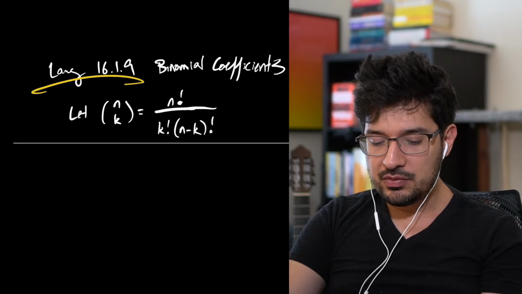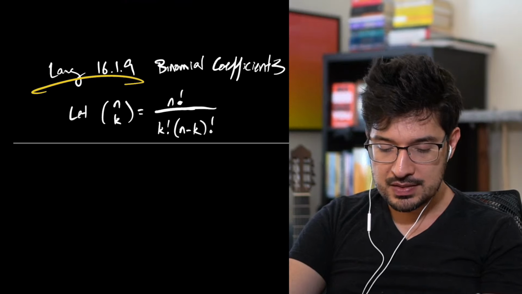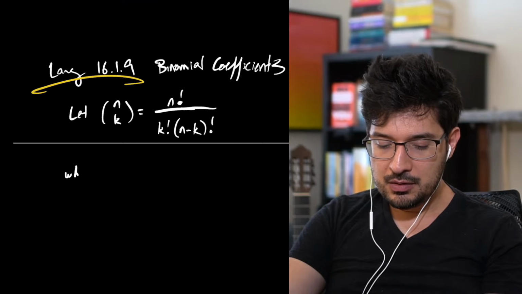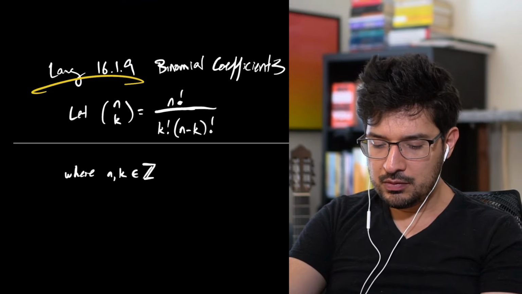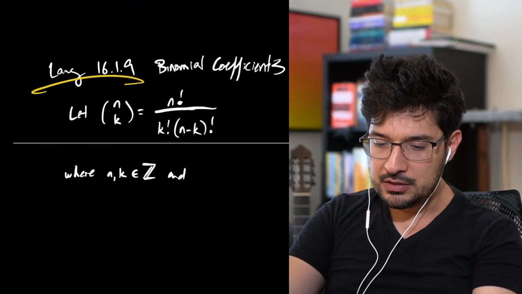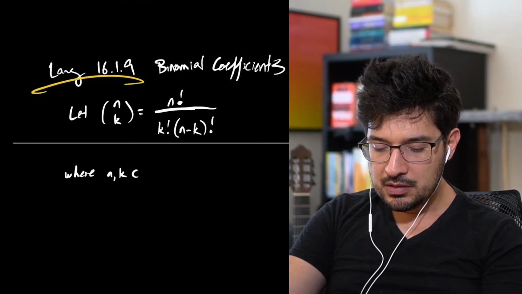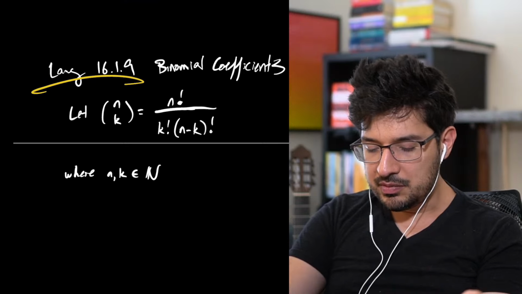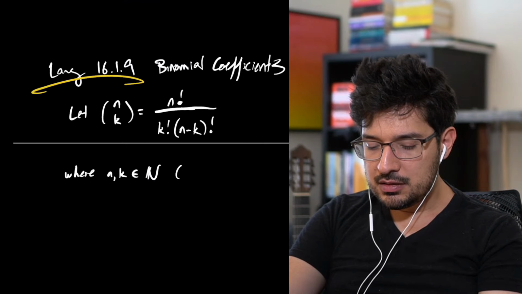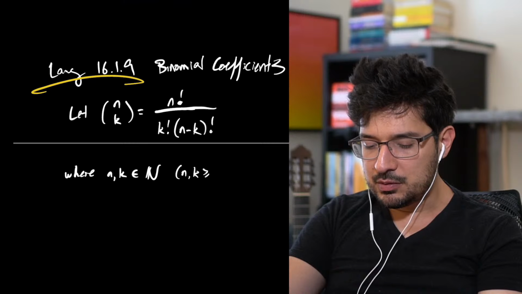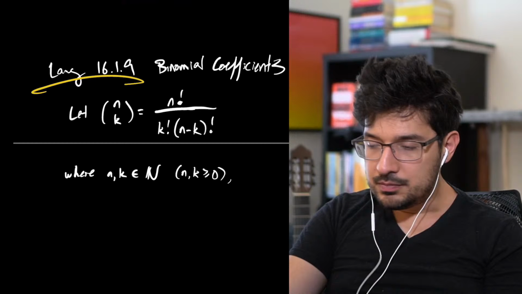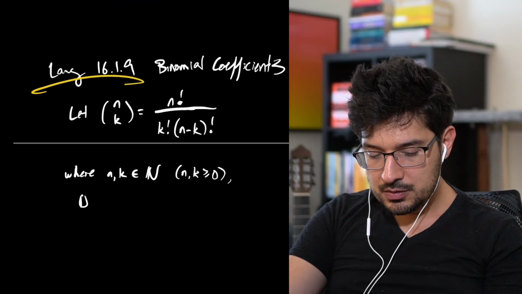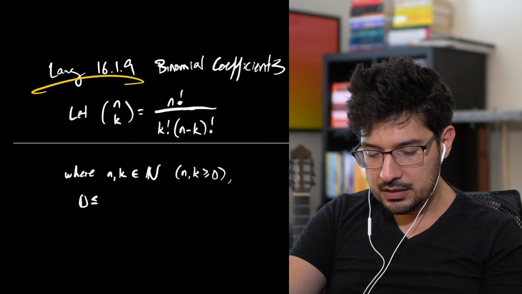But for the sake of this exercise, he just says this, where n and k are integers greater than or equal to 0, and k needs to be between 0 and n.